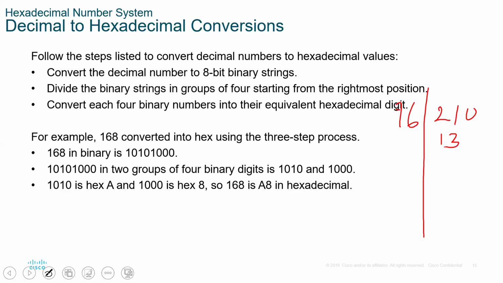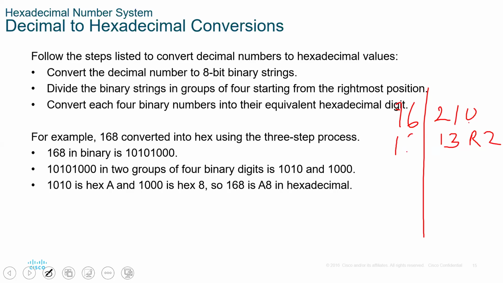So let's see, 16 times 13 will give us 208. So remainder what? Remainder 2. Are we together? So 16 goes into 210 13 times, remainder 2, because it's 208.